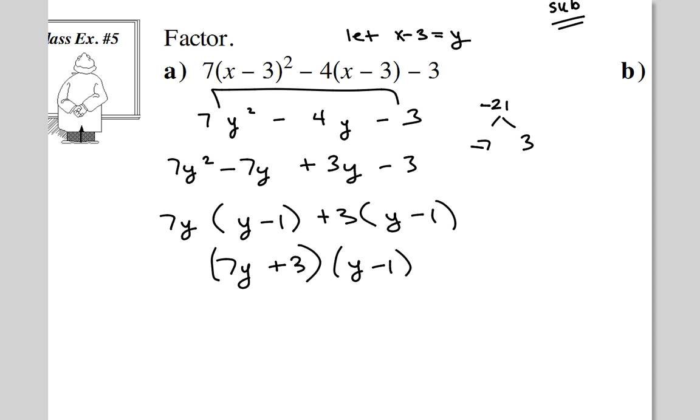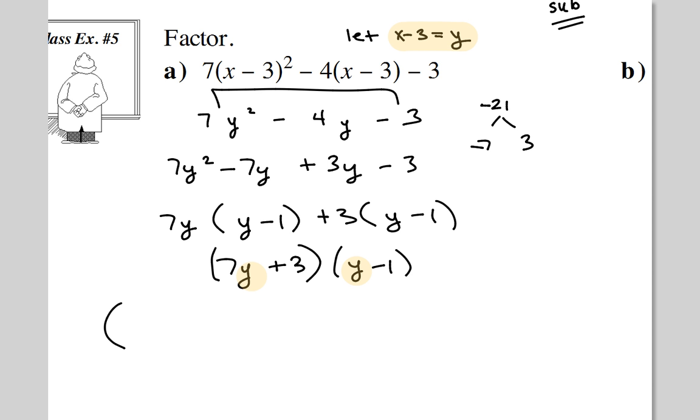And for the substitution, just use brackets. Wherever I see a y, I need to replace it with x minus 3. So I see a y there, I see a y there. I'm going to use brackets for that.